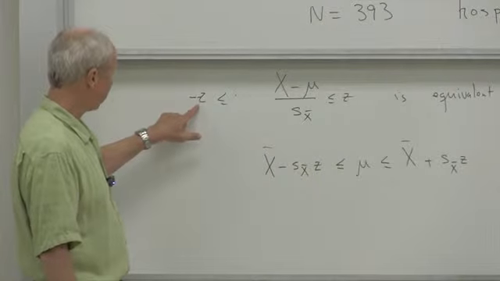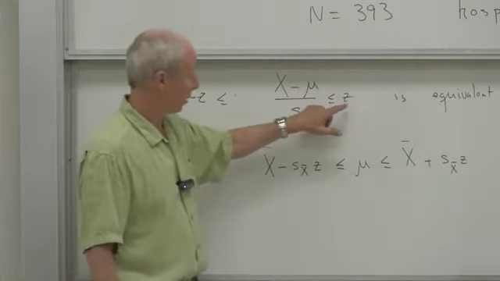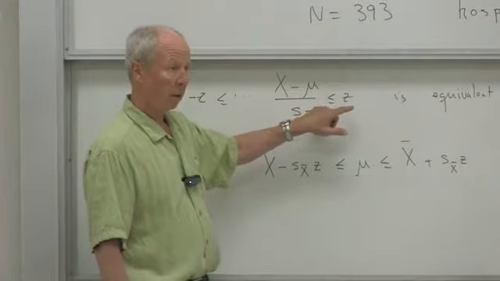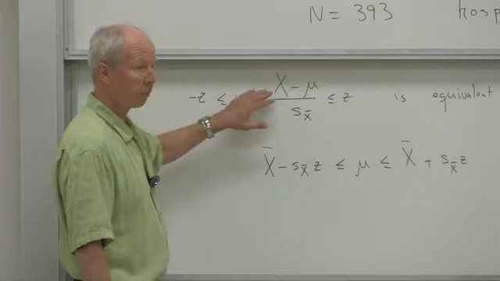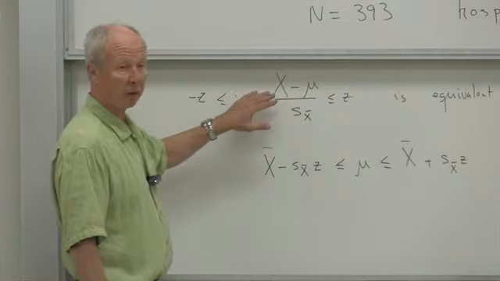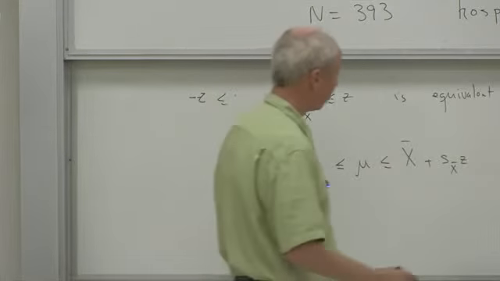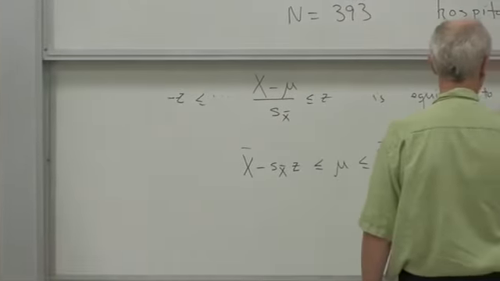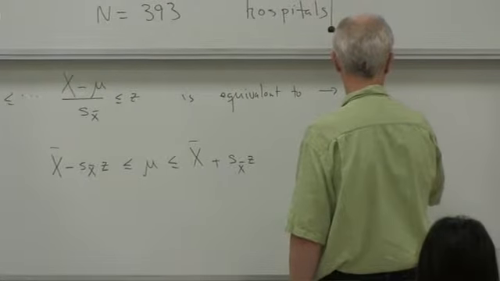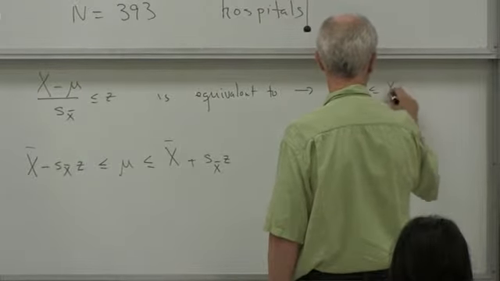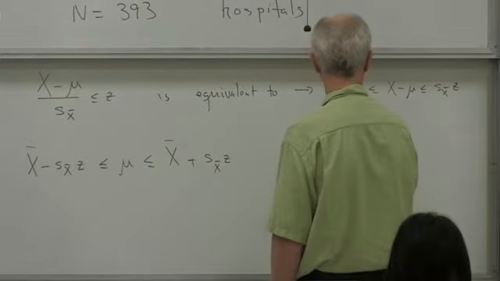That gives you a minus standard error times z and plus standard error times z, right? Now we have an x bar minus mu here. We should subtract x bar from both sides. So maybe I'll do the steps. Step 1, we get minus s x bar z less than or equal to x bar minus mu less than or equal to s x bar z.